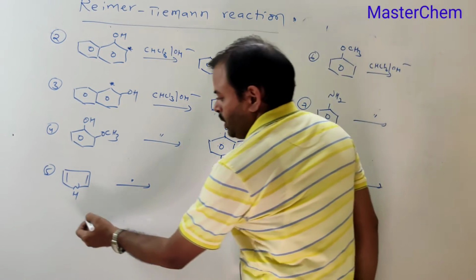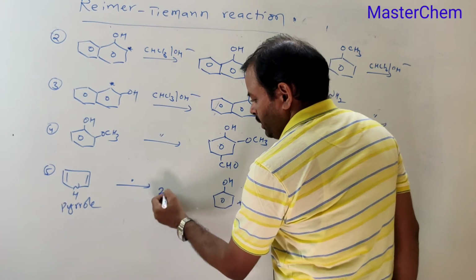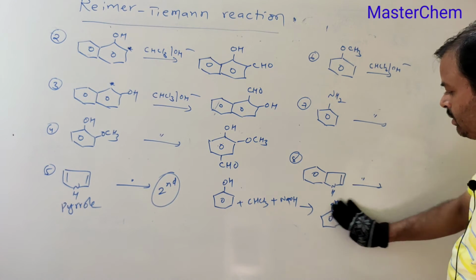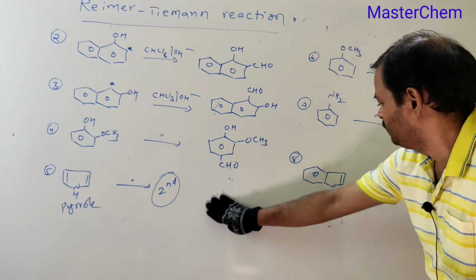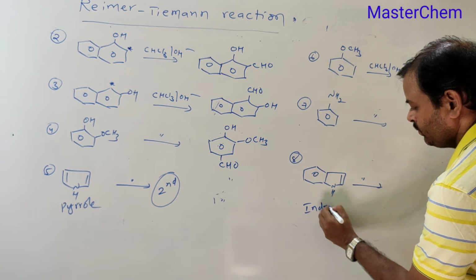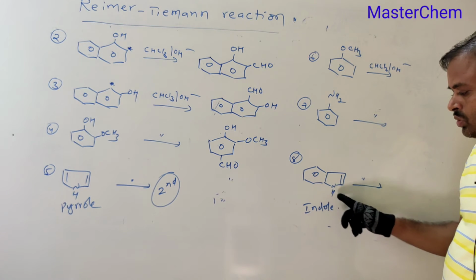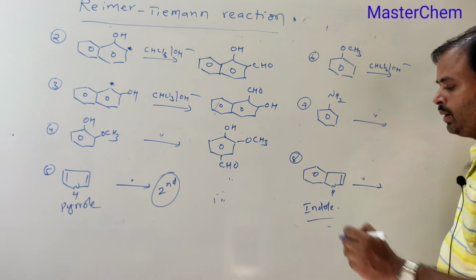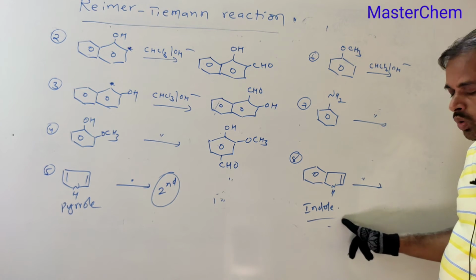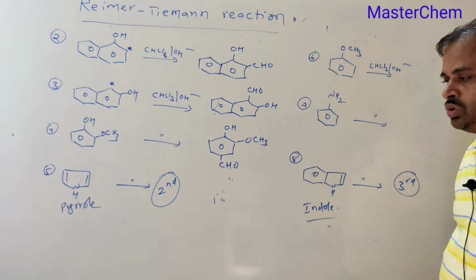Now here this is pyrrole. For pyrrole, these two points you should remember. Second position. This one is indole. Phenyl substituted pyrrole, that is indole. Benzopyrrole is called indole. So for indole, the third position, these two you should remember.